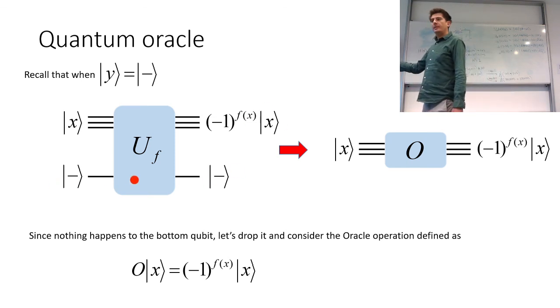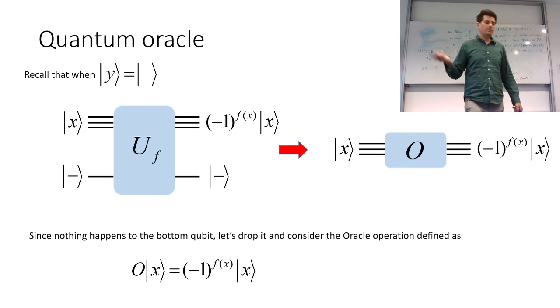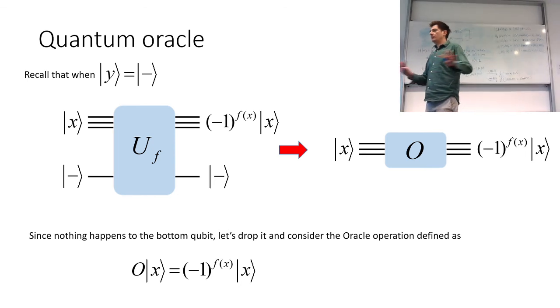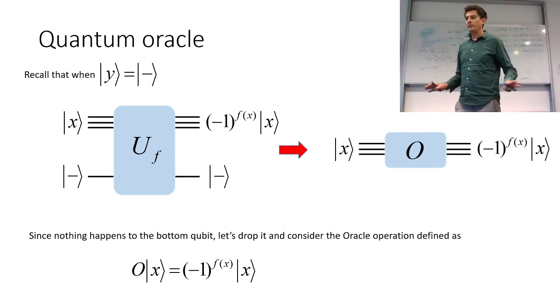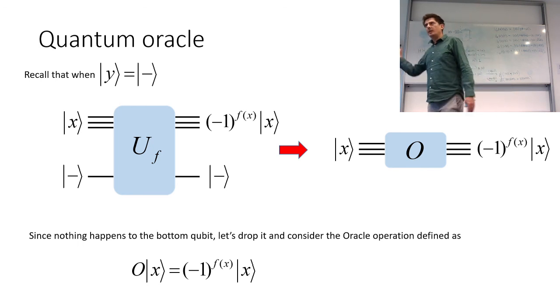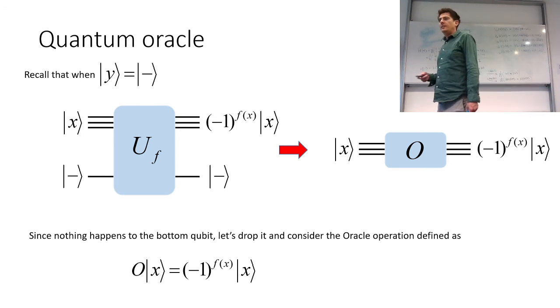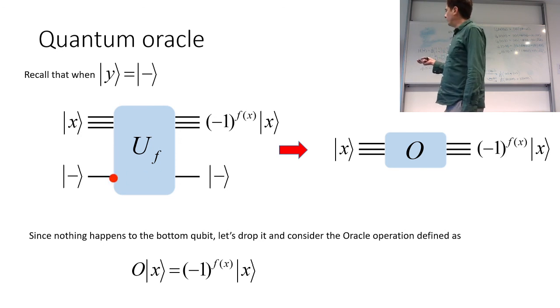So assuming we just set this bottom thing to the minus state, we can forget about this bottom qubit, because nothing ever really happens to it, and it was only there because we wanted to use this Deutsch trick. Maybe you need it in the physical implementation if you wanted to do it exactly like this, but for our purposes, it doesn't do anything for the rest of the algorithm, so we can forget about it.